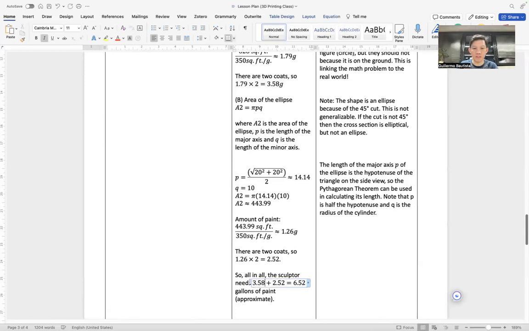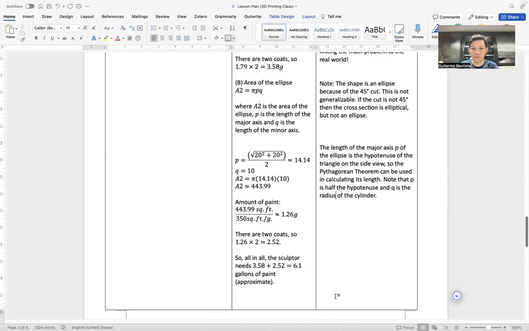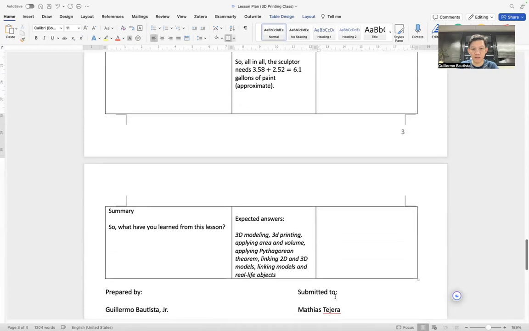I haven't changed this. Plus 2.52. So that's 6.1. Hopefully, my addition is correct. So you can just double check it.